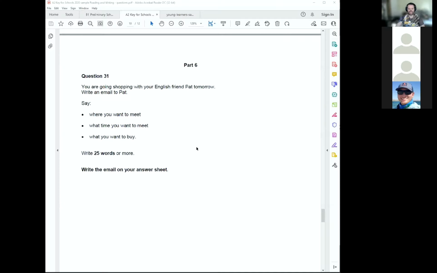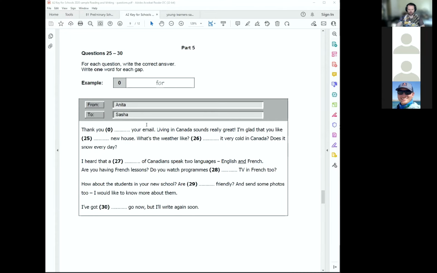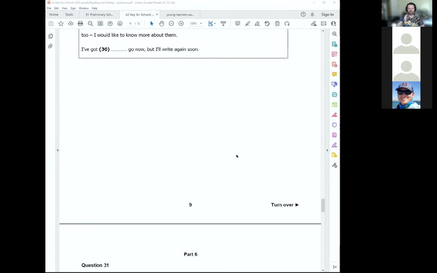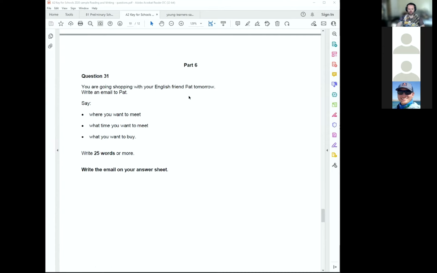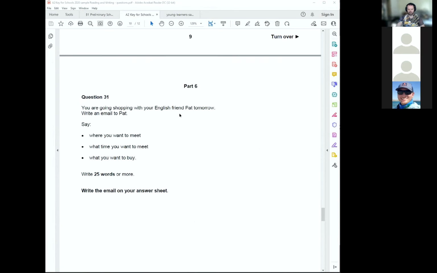Well, let me show you on the screen then. So for the A2 Key, you had the open cloze, which is an email, and you are filling in the gaps. But the email that you write in the next part of the A2 Key is not a response to that first one. The 2 are completely separate.